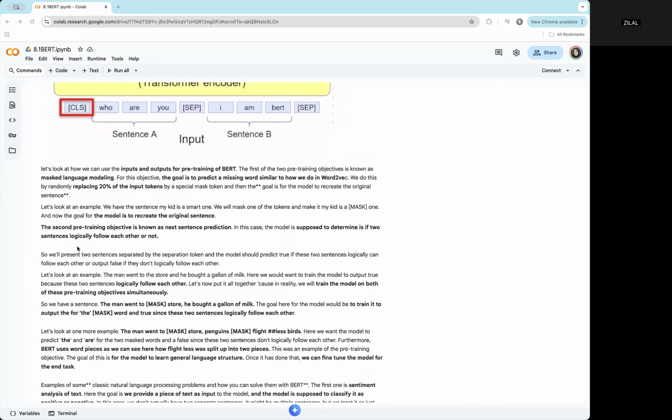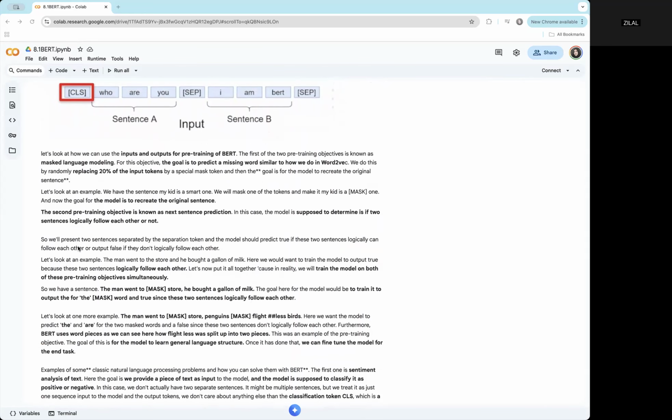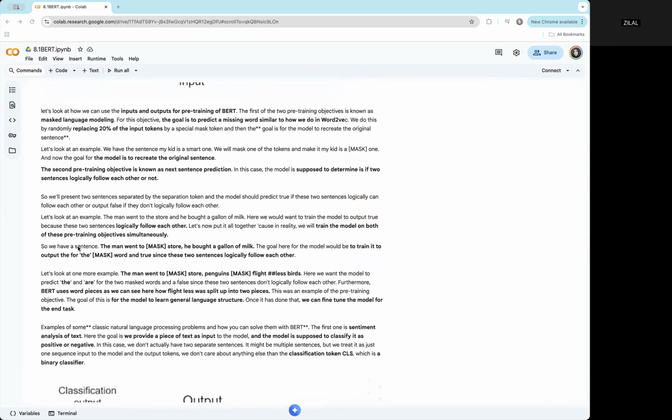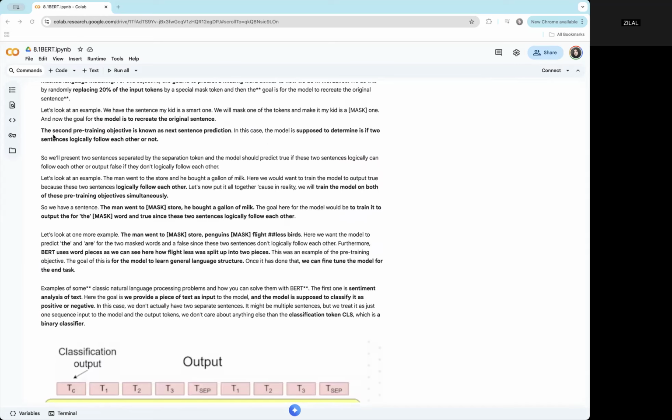Let's look at how we can use the inputs and outputs for pre-training of BERT. The first of two pre-training objectives is known as masked language modeling. For this objective, the goal is to predict a missing word, similar to how we did in Word2Vec. We do this by randomly replacing 20% of the input tokens by a special mask token, and then the goal is for the model to recreate the original sentence.